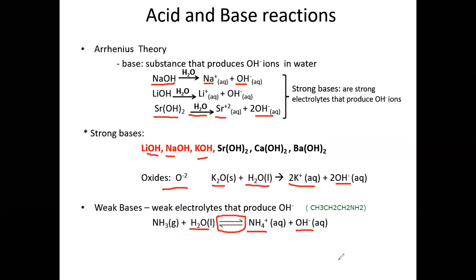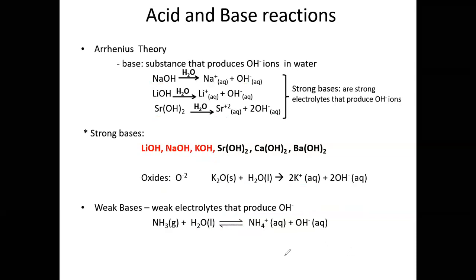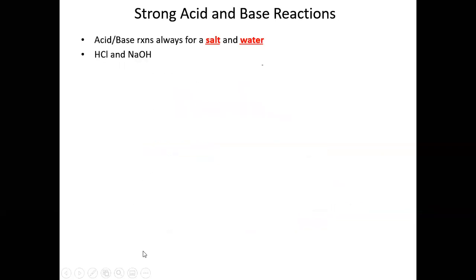So we have acids and we have bases. And again, if you like acids and bases, when you go to Gen Chem 2, they go more in depth into how acids and bases behave. We're only going to talk about the reaction involving strong acids and bases, but the same would hold true whether you're dealing with a weak acid strong base or a strong acid weak base.